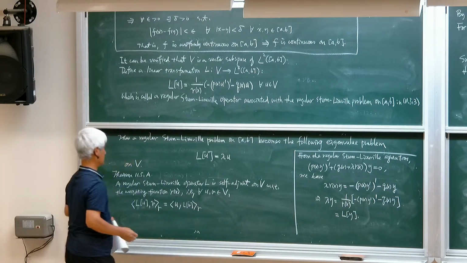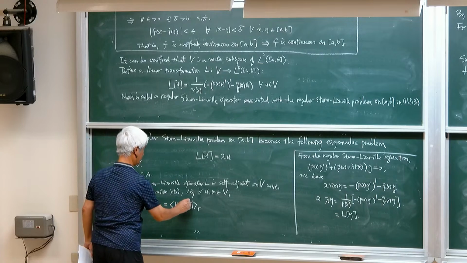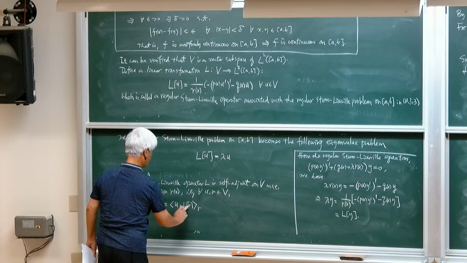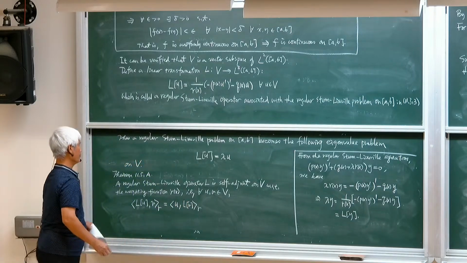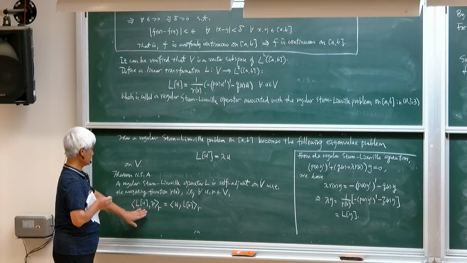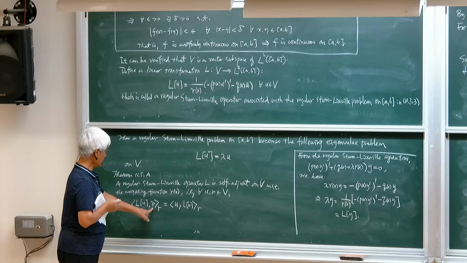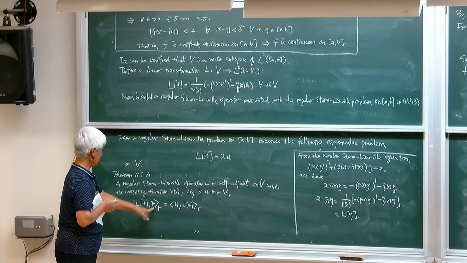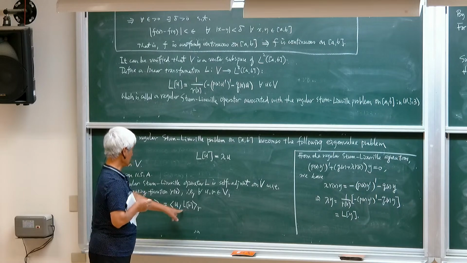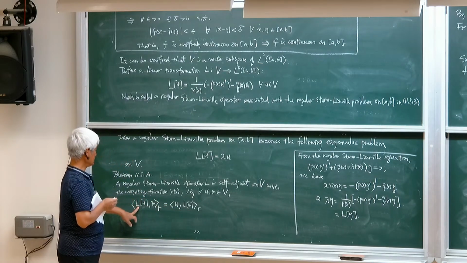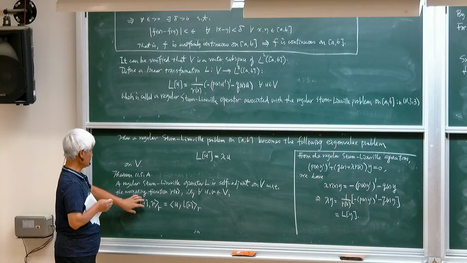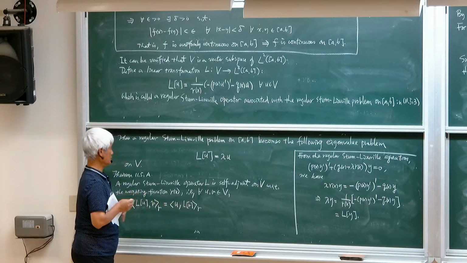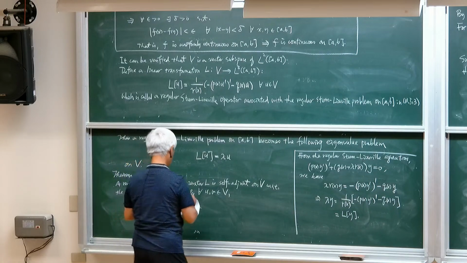This is called self-adjoint. So when you consider this inner product, it is the same as this other inner product. You can apply the regular Sturm-Liouville operator L on U or on V, and they are equal.